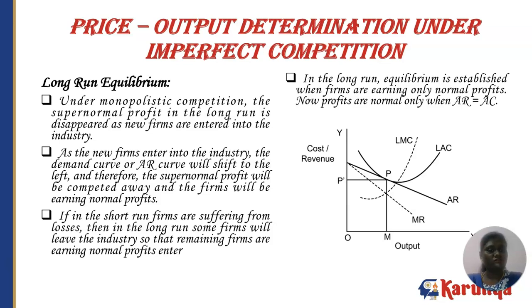If in the short run firms are suffering losses, then in the long run firms will leave the industry, and the remaining firms start earning normal profits. So in the long run, equilibrium is established when firms are earning only normal profits. Normal profits are earned when your AR curve is equal to your AC curve, that is, average revenue is equal to average cost.